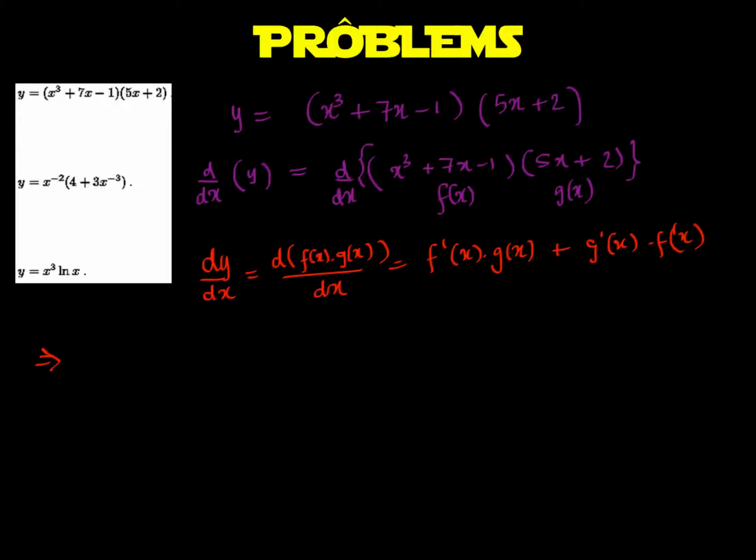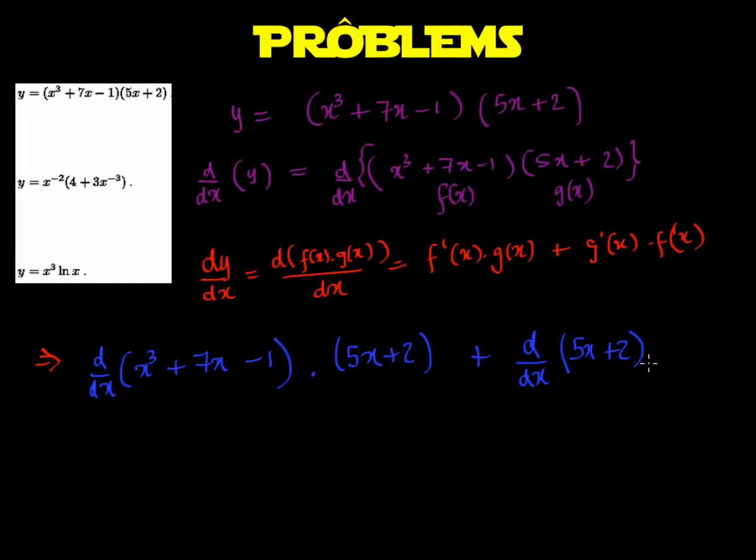So we have the first function, and we have to find the derivative of the first function. Now, from power rule, we have to find the derivative of x cubed plus 7x minus 1 times g of x, that's 5x plus 2, plus g dash of x, that's d by dx of 5x plus 2, times f of x, which is this f of x.